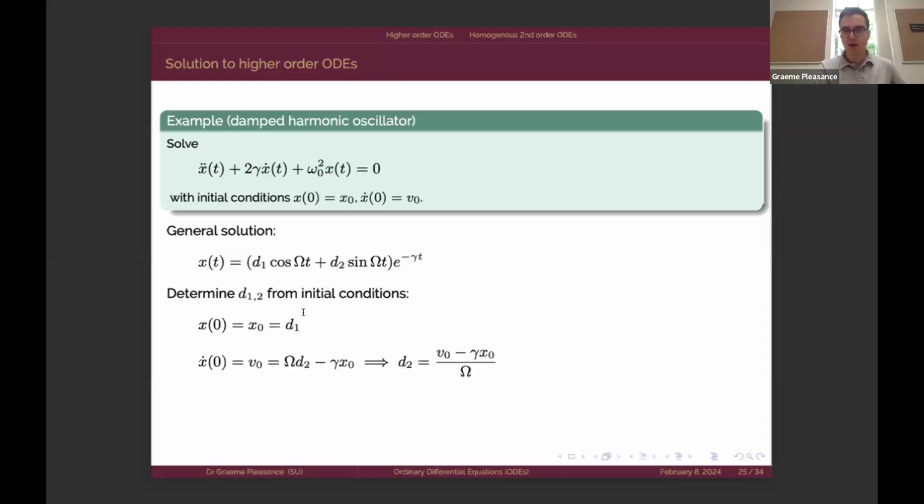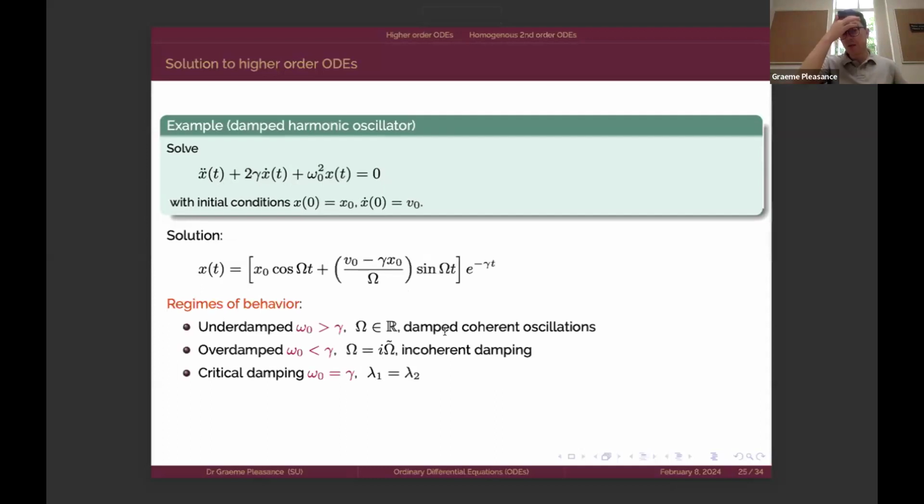By doing so, we determine what D1 and D2 are in terms of x naught and v naught. This is relatively straightforward to demonstrate, and this is what you obtain. D1 is just x naught, and D2 depends on x naught, v naught, gamma, and this other constant omega that I defined.